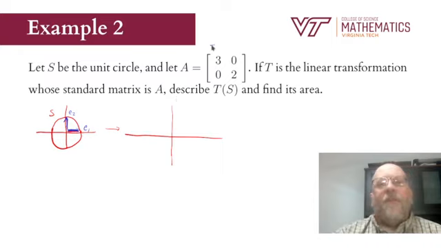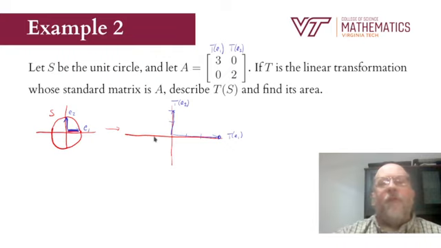And the transformed version of E1 and the transformed version of E2 change size. The transformed version of E1 is now 3 units long, it's 3, 0. And the transformed version of E2 is now 2 units long, it's 0, 2. So this is the transformed version of E1 and the transformed version of E2.